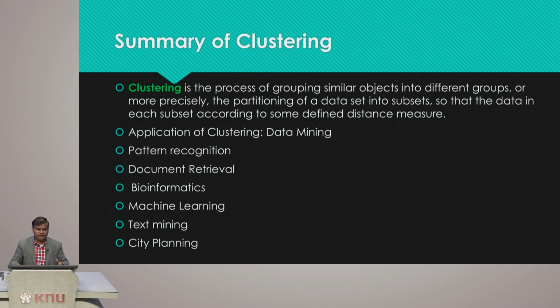There are a lot of applications of clustering, like pattern recognition, document retrieval that we have seen now, bioinformatics and machine learning, text mining, and city planning, for example, where households with similar characteristics are in one cluster. Even data mining uses clustering.